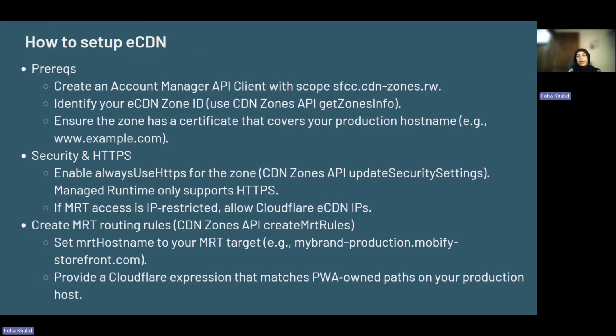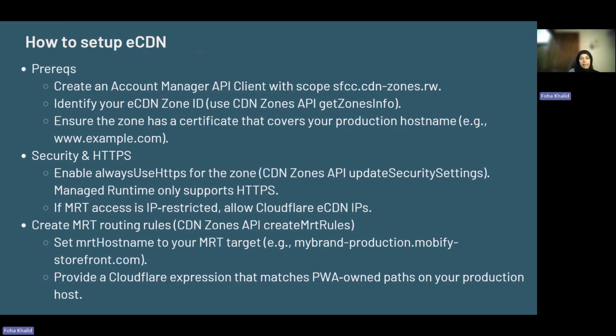You're going to identify your ECDN zone ID, which you can get using the get zones info call from the CDN zones API. You need to ensure that your zone has a certificate that covers your production host name. Besides this, you need to enable always use HTTPS for the zone, which can also be done using the zones API.